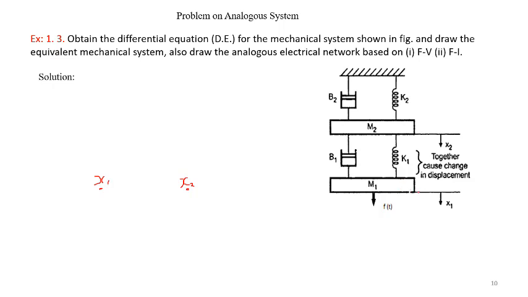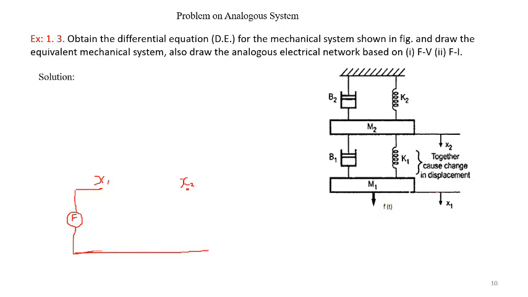The x1 node has elements M1, B1, K1, and the x1 node has an input F of t. So we give the input here, coming from the reference, that is from the source.